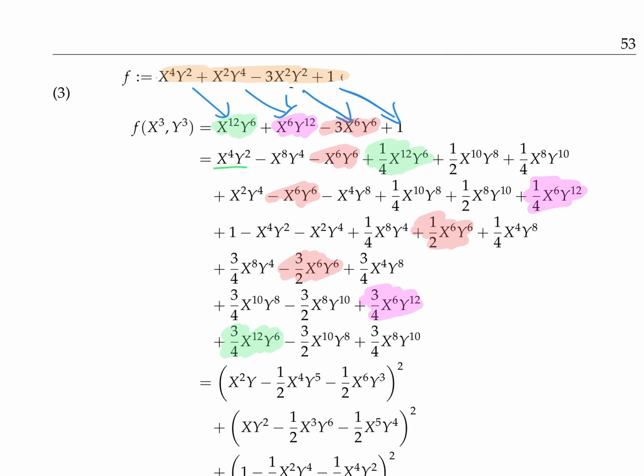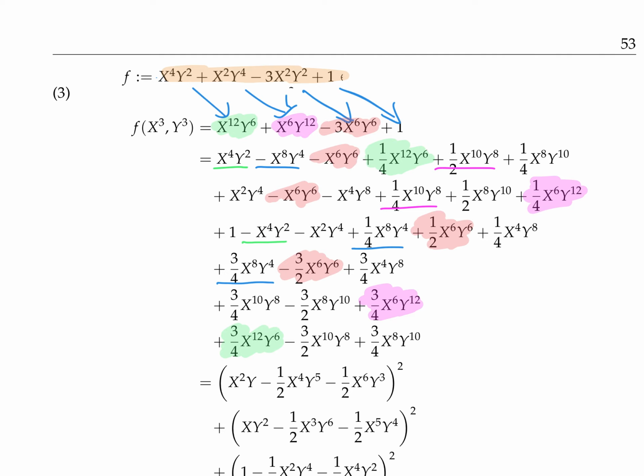So I have here x to the 4 y squared, so I should correct this at some point. And that's actually happening here. When I have x to the 8, y to the 4, here I have minus this actually, and here I have plus 1/4 of this, and here I have plus 3/4. So that's also okay. When I have here 1/2 x to the 10, y to the 8, and here 1/4 of it.